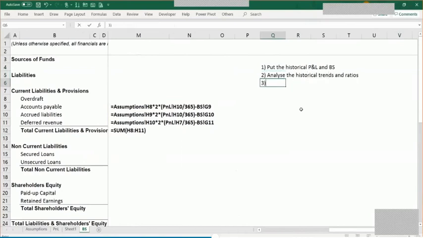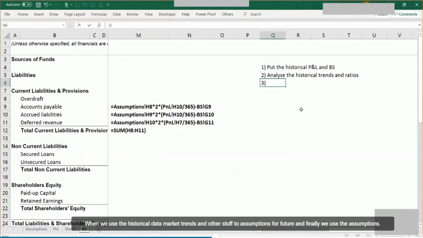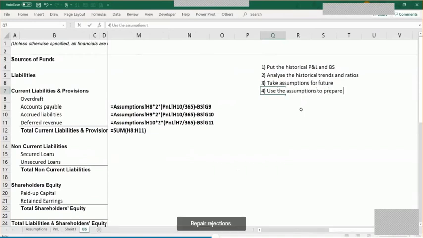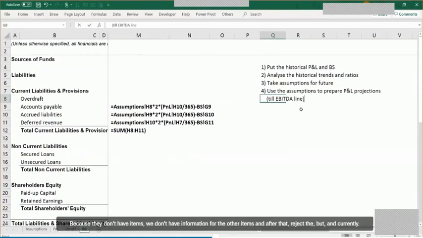Then we used the historical data, market trends and other information to take assumptions for the future. And finally, we used the assumptions to prepare P&L projections, obviously till operating income, till the EBITDA line, because we don't have information for the other items. And after that, we projected the current assets and current liabilities.